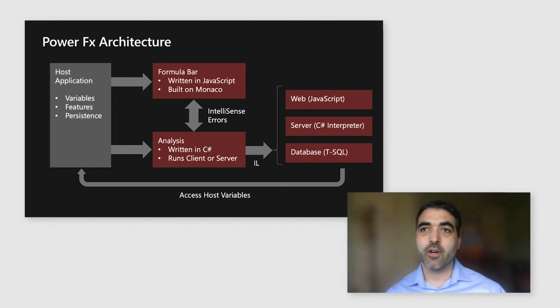So for example, if your host is running this in a website, we can compile it to JavaScript and run it on the client. If you're running it on the back end of a multi-tenant server, we could go and interpret it. And if you're running it in a database, like we saw with Dataverse, we can actually compile some of these expressions straight into SQL and then run them in the database context. And then as these expressions run, they may be talking back to the host to access extensibility points, variables, state, etc.